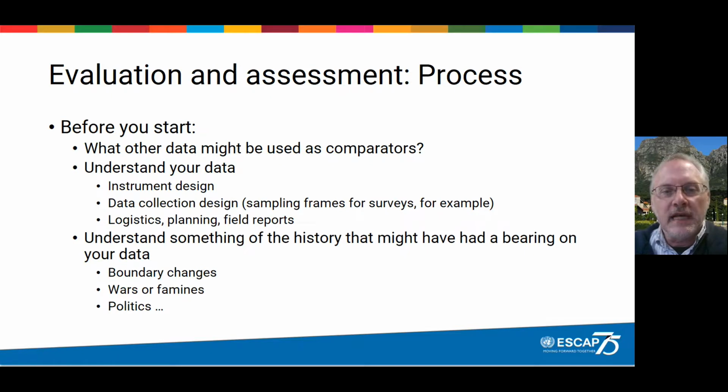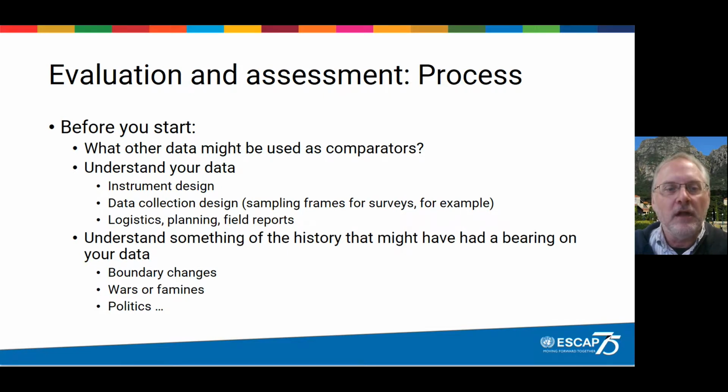Thirdly, you'd also want to understand something of the history surrounding the context of that data which you're working with that might have had a bearing on your data and the data collection exercise. You'd want to be certain that there haven't been boundary changes, where even at a subnational level, a provincial boundary might have shifted over time, even though the province names have stayed the same.